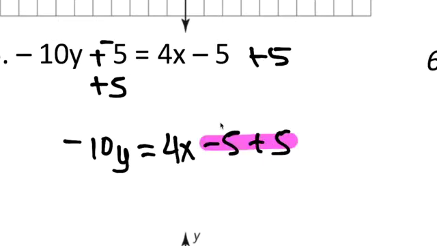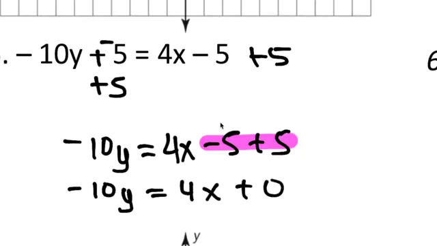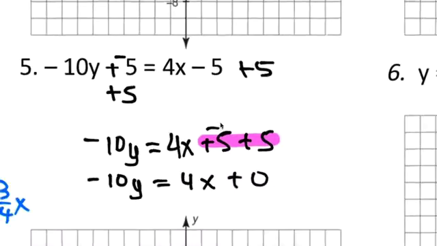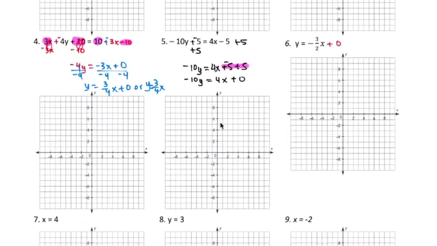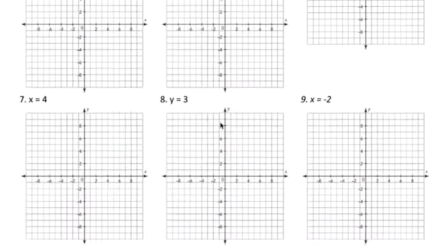Practice making zeros. That's 0 there. So you divide to get -10y equals 4x plus 0, additive inverse, plus 0, and divide all of it by 10. Make sure you know how to reduce, so you'll need to reduce the slope here and then graph it. You don't have to, but I need you to learn to reduce your slope.